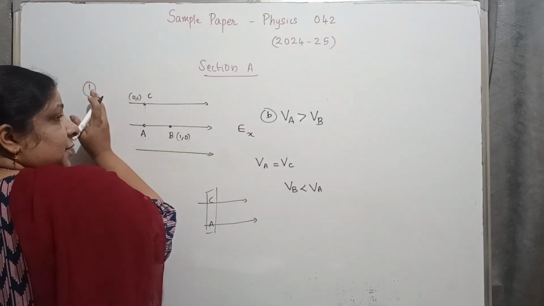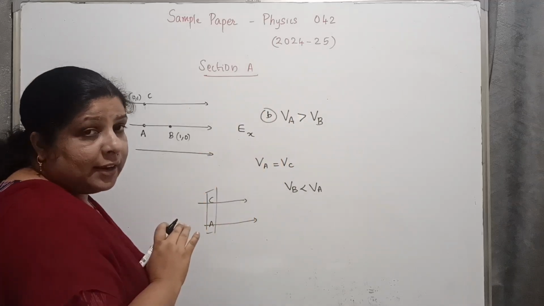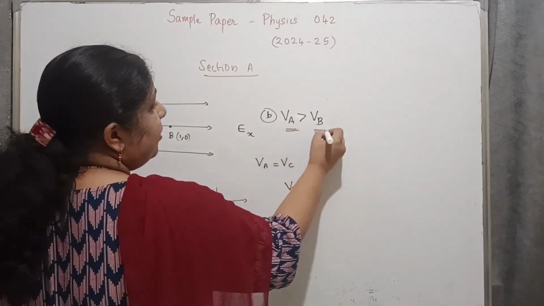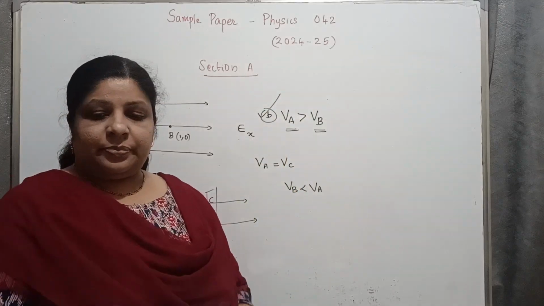A and C are towards the origin of the electric field and B is away from the origin of the electric field. So potential at A will be greater than potential at B. So the answer for this question is option B.